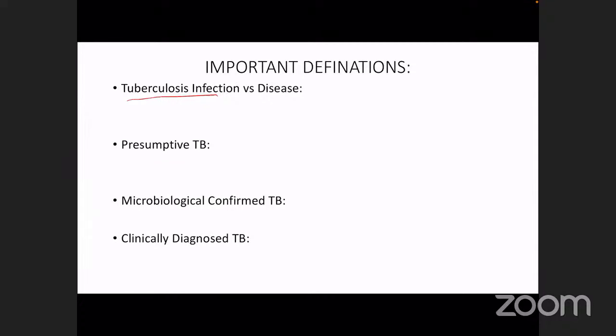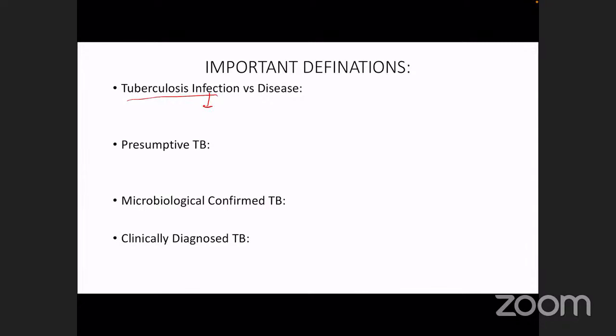It produces an immune response, and in the majority of patients, it becomes latent. That is, the infection becomes silent and leads to latent TB infection. So per se, tuberculosis infection is the presence of immune response to the tuberculous bacilli without any clinical manifestation of the disease. There is no sign, no symptom, but the patient is having latent TB infection.